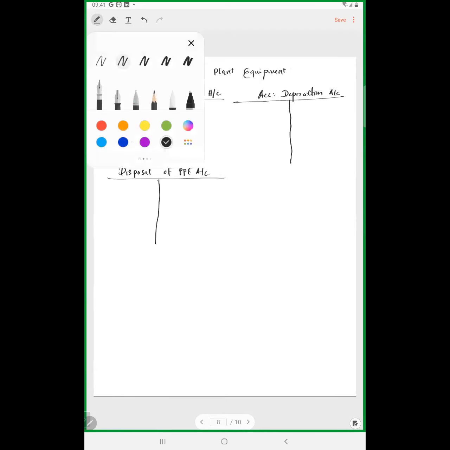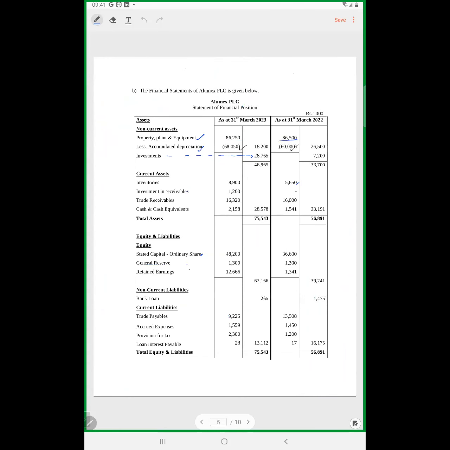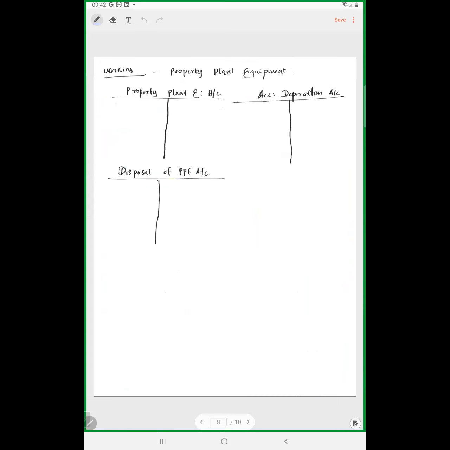So then the balance we had, how much? 68,500. Ending balance 68,250. 86,500.